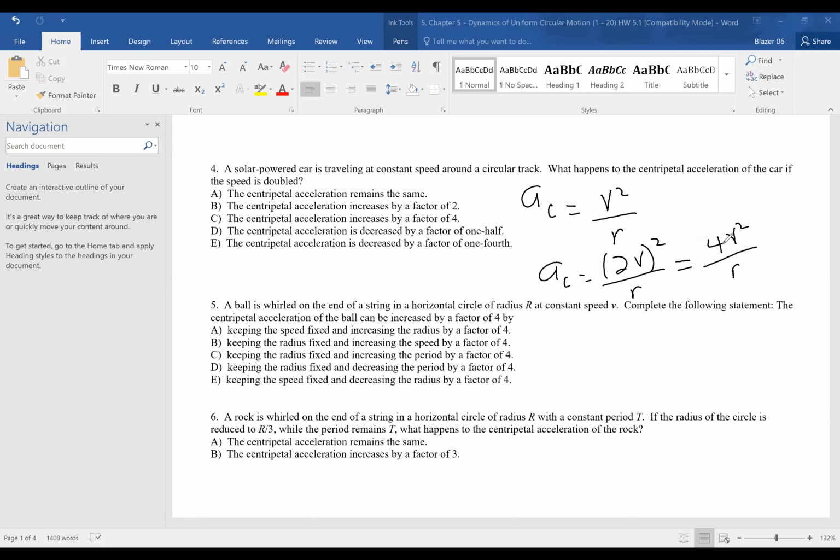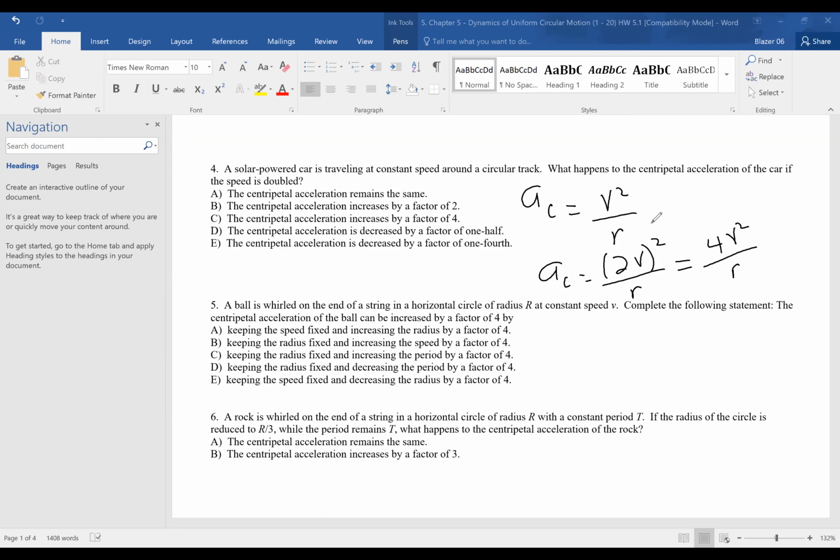So that means then that the centripetal acceleration compared to this one is 4 times greater. So we say the centripetal acceleration increases by a factor of 4. So that's why you have to plug it in carefully to see that these square.